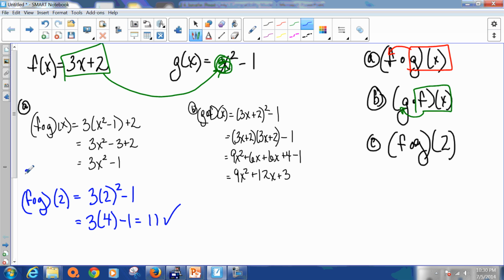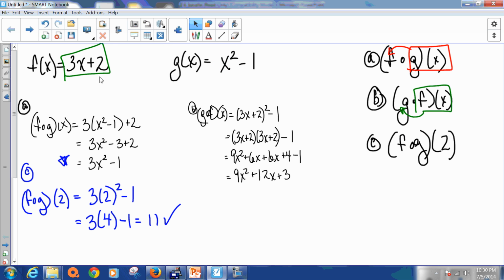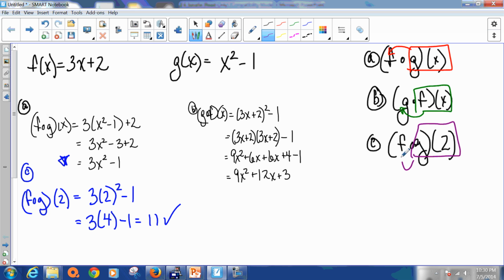Now, if you don't already have this part worked out, and you still have it separated as f and g, you can still find what you're looking for. What you'll need to do is exactly what we just did here, but in two steps. We'll need to take this 2 and plug it into g, and then take whatever that is and plug it into f.